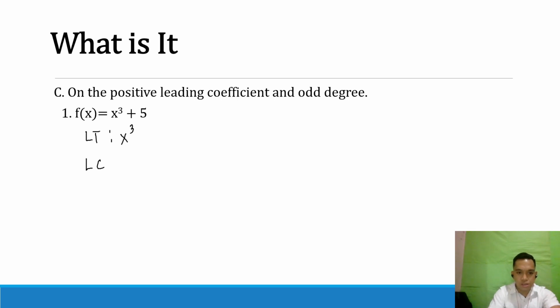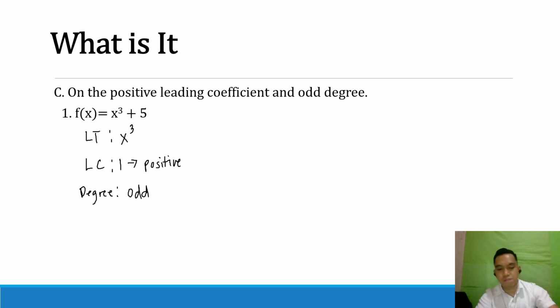Then the leading coefficient is 1, which is positive. Then the degree is odd. Okay, so since the leading coefficient is positive and the degree is odd, so the end behavior of our polynomial function here is it rises to the right and falls to the left.